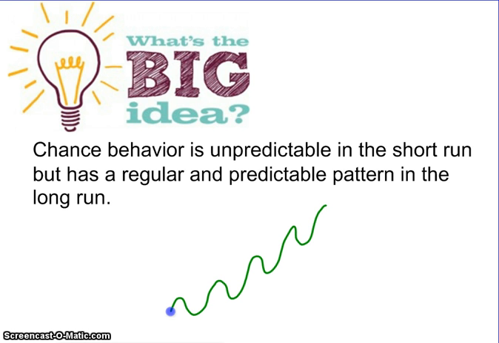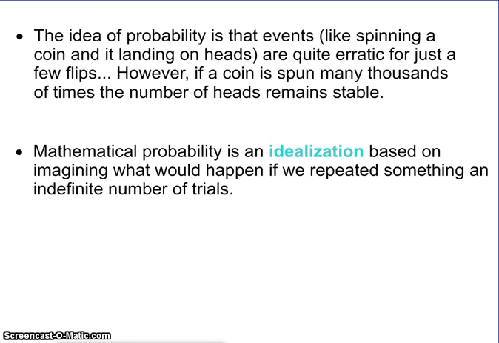But over the course of a long time, our stock market is increasing. So if you put your money into the stock market from here to here, you're going to lose money. But if you put your money from here to here, or even here to here, notice that you have then gained money over the course of time. Okay, so you're playing games of chance whenever you're playing with stocks and bonds.